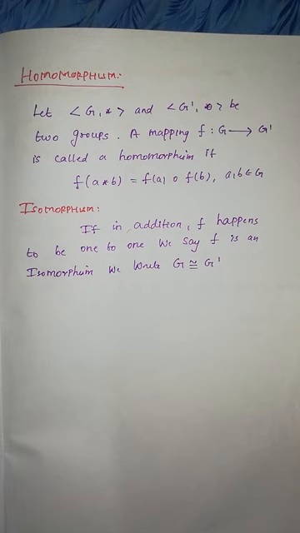Now, what is meant by a homomorphism? Let G with respect to some binary operation, let's say star, and G dash be another group with respect to some composition, let's say dot, be two groups. A mapping f from G to G dash is called a homomorphism if f of a star b is equal to f of a dot f of b.